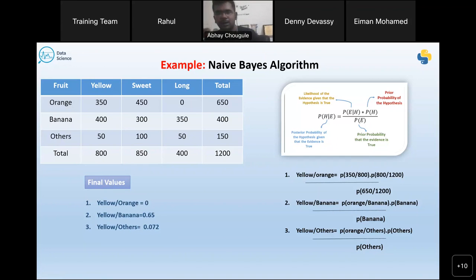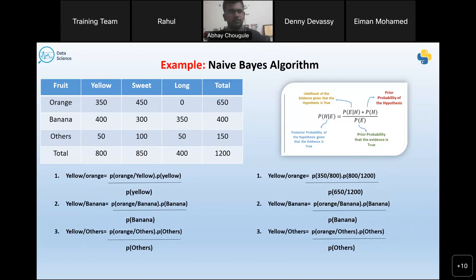But tell me, have you got this formula? How does this formula work? Then how come yellow and orange is equal to 0? Can you pass these values into the formula so that we can get it easily? This looks like random forest, easy to predict.